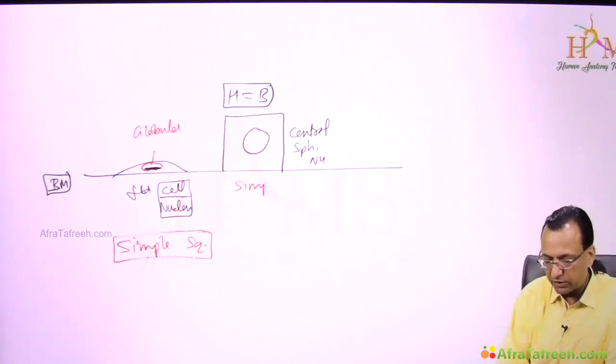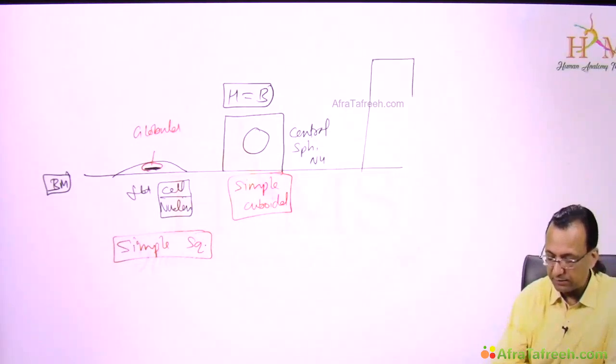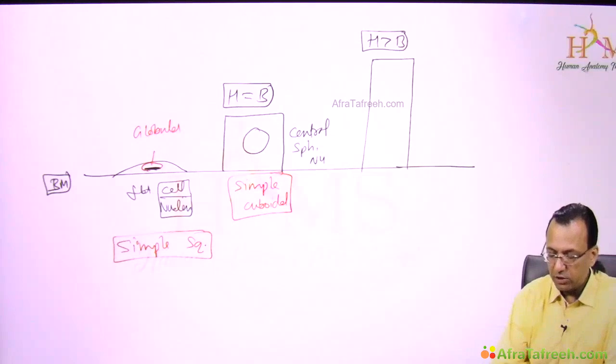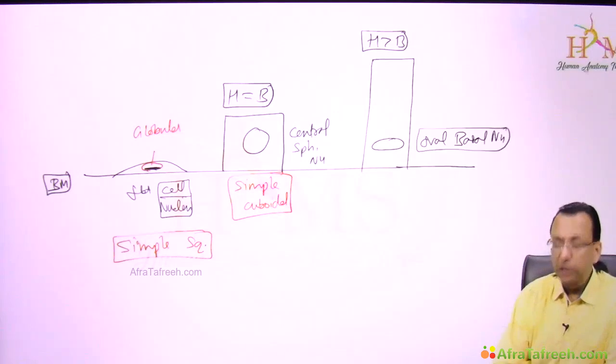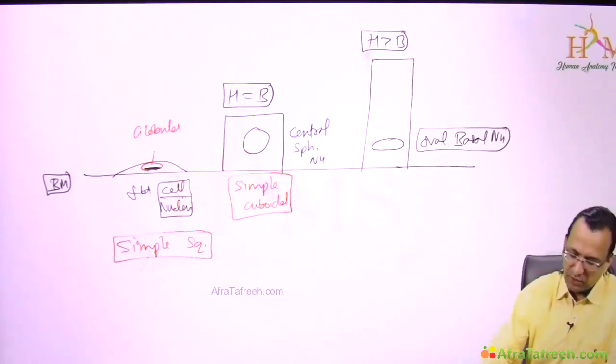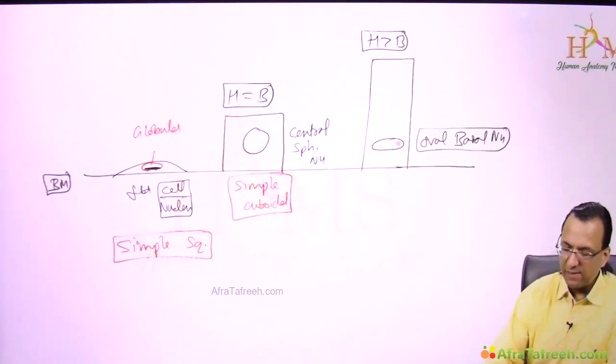Now, if this is a simple cuboidal epithelium, what about the simple columnar? That we'll see. This is height more than the breadth now. What else? There is an oval basal nucleus. So now you got the height is more than breadth of the cell. Yes, breadth is less. And there's an oval basal nucleus.